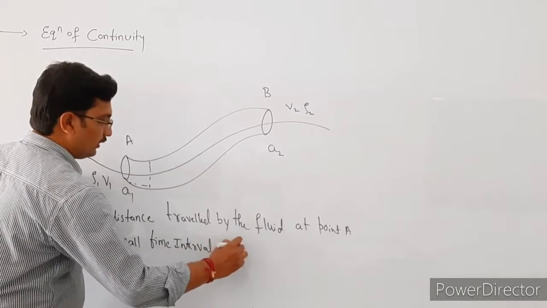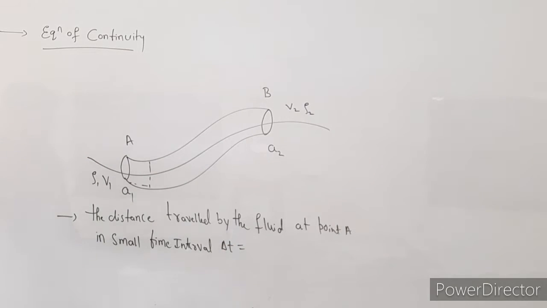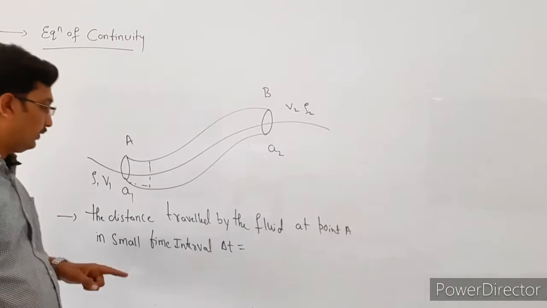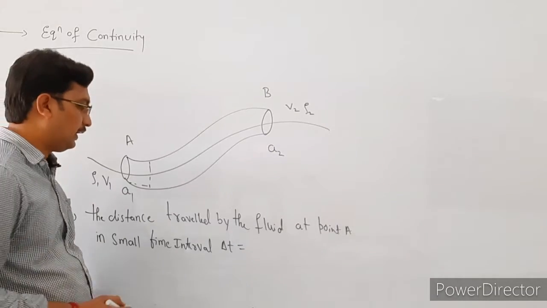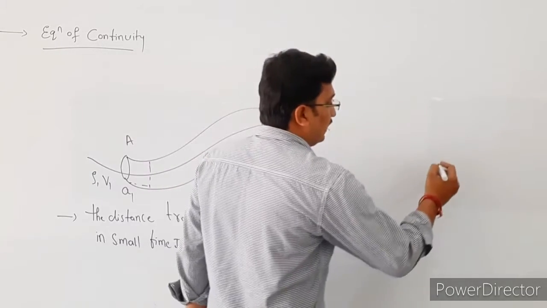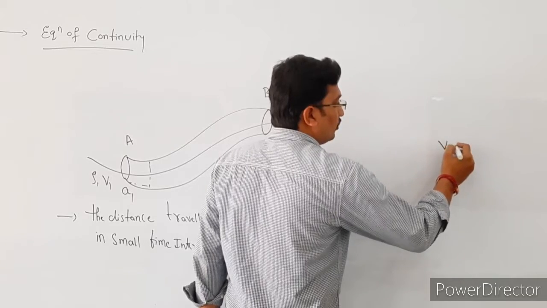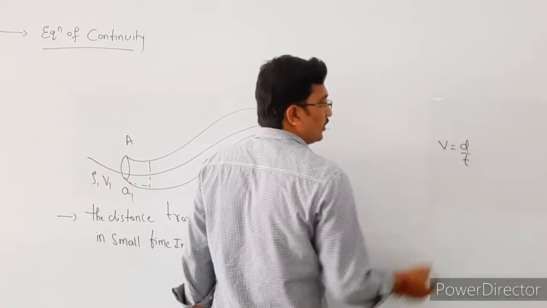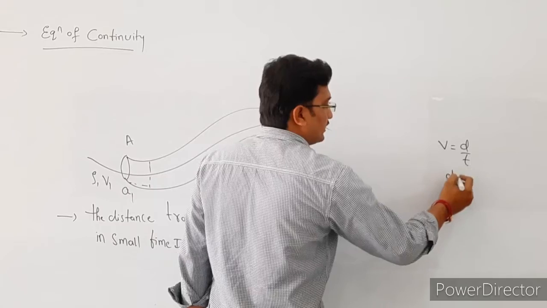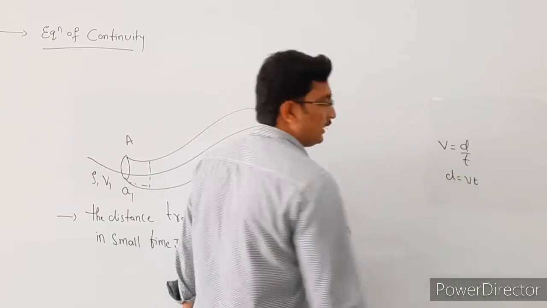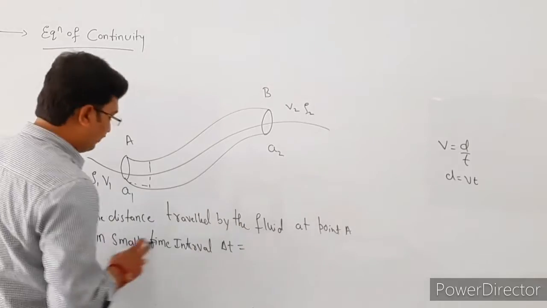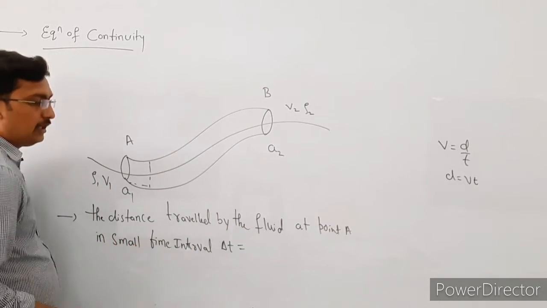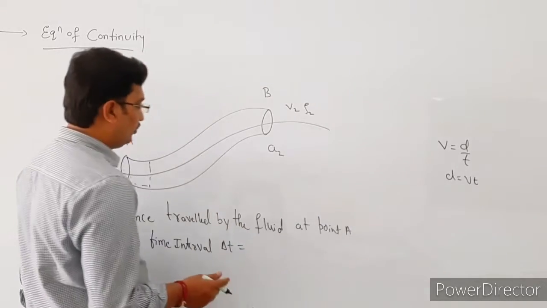The distance traveled by the fluid at point A in a small time interval del t. Here we already know that velocity is equal to distance by time, so distance is equal to velocity into time.